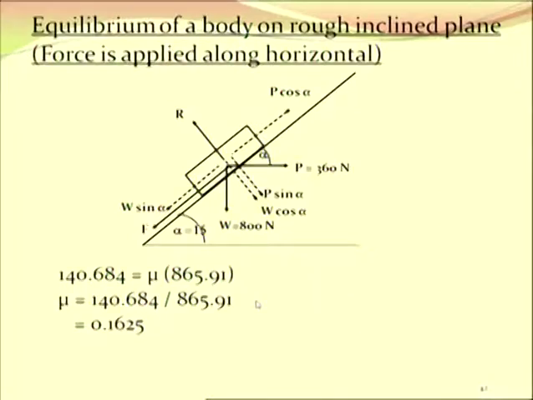So 140.684 is equal to mu into 865.91, then mu is equal to 140.684 divided by 865.91, which ultimately results as mu equal to 0.1625. So this is an example which is solved and the value of mu is now obtained.